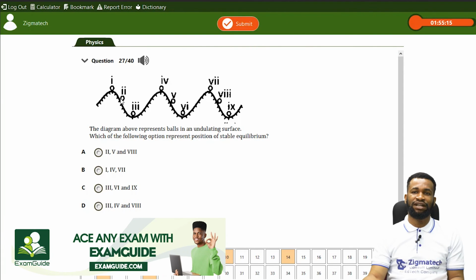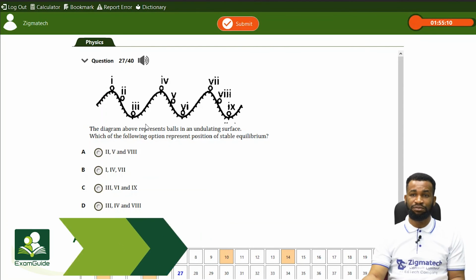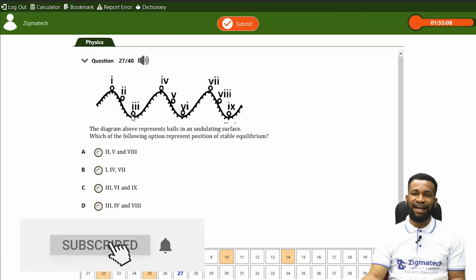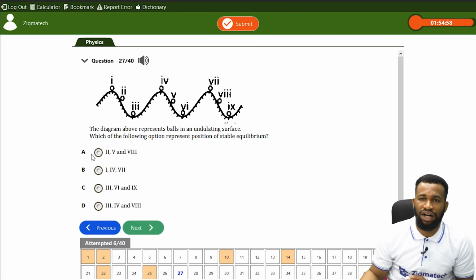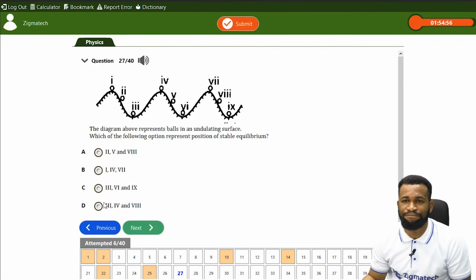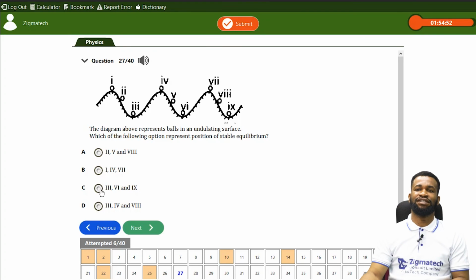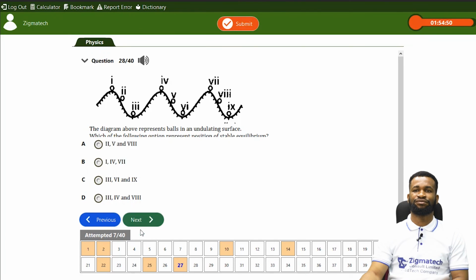I is this, this is this, okay. Now I'm going to tell you that the ones in stable equilibrium are the ones resting at the bottom. This and this: 3, 6, and 9. Which option gives us that, 3 is here, 6 is here, 9 is here, and that is the right option.